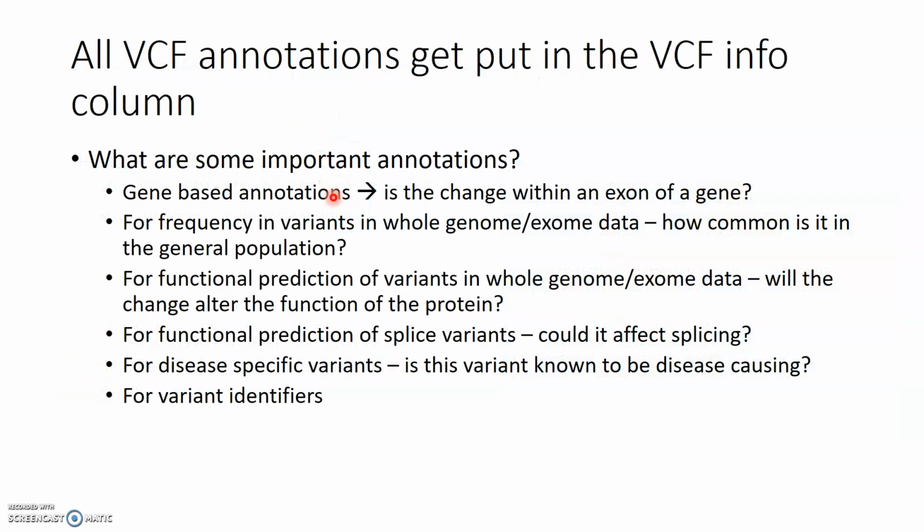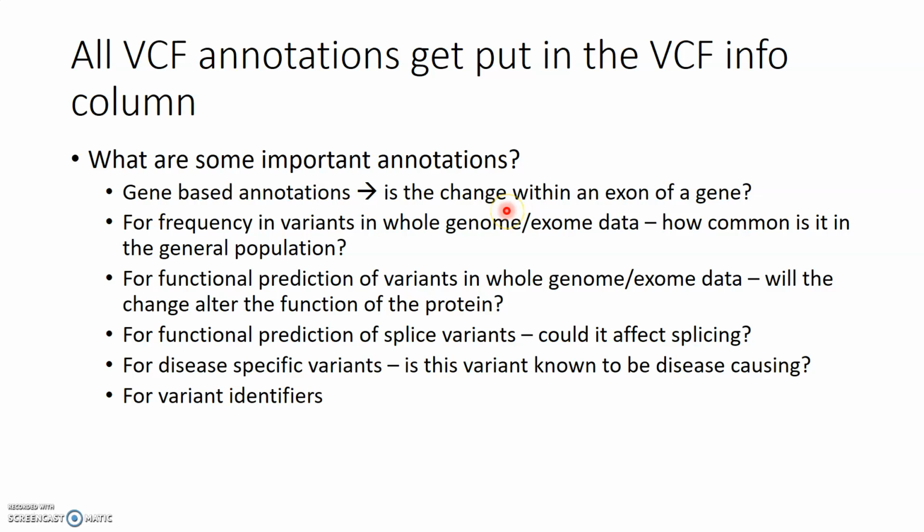Remember that when we were going through our VCF structure, all VCF annotations that we run get thrown into the VCF INFO column. You might be asking, what are some important annotations that we can perform on our VCF file that we got from the Freebayes program? We can do gene-based annotations.